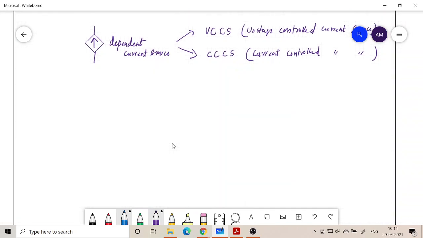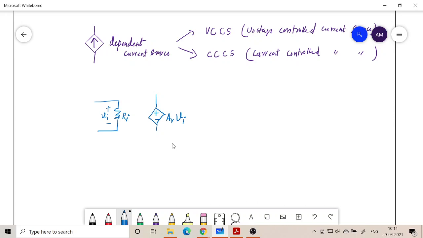So let me redraw this again. We have a Ri, and then we have a voltage source whose voltage produced depends upon the voltage, say Vi.